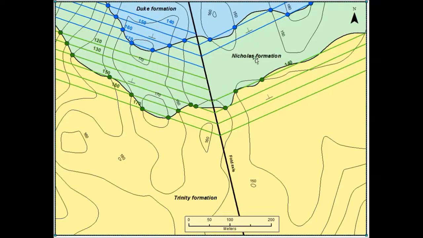So we've got our strike symbols on here. And we measure the strike straight off the map by measuring from north round to the strike symbol. But if we remember carefully, there's a convention to how we do this, and we have to measure round to the correct part of the symbol, which is this side of it. That's just how it goes. So I've got some slightly different symbols here where I've put a little black dot on there to show you which bit of the symbol to measure round to.